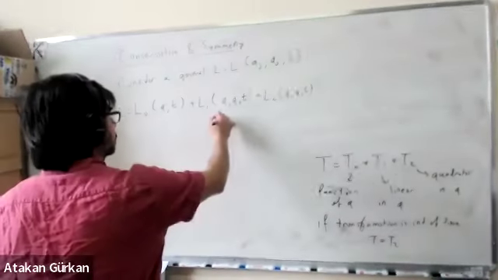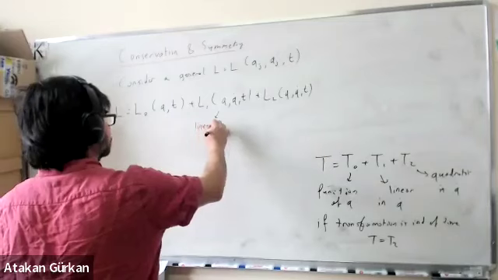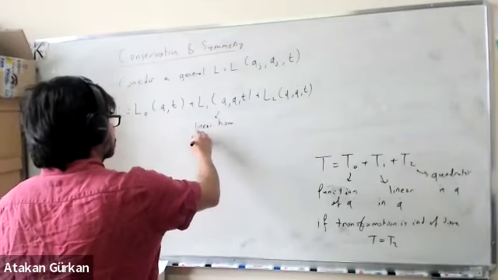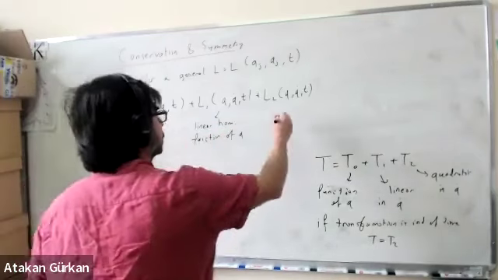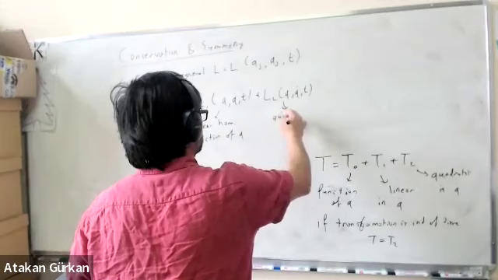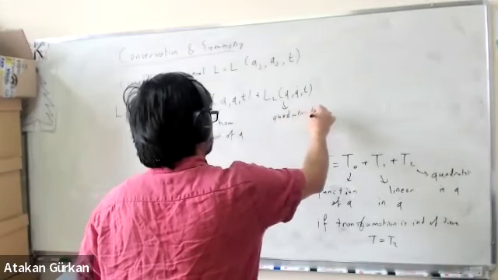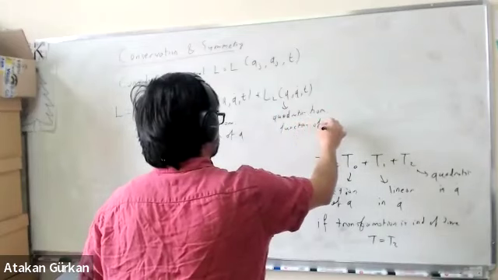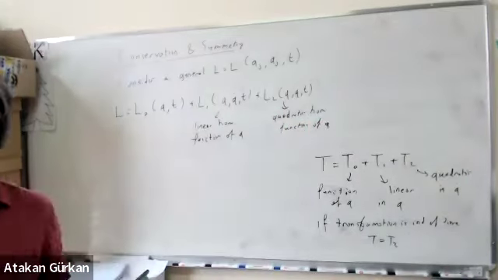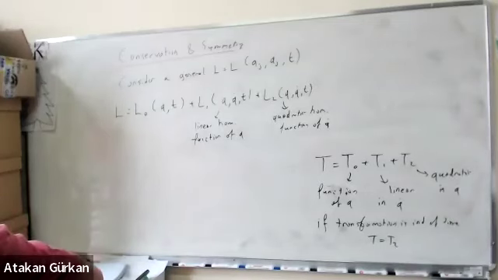L1 is a linear homogeneous function of q dot, and L2 is a quadratic homogeneous function of q dot. Now, what does this mean? What does a homogeneous function that's linear in something or quadratic in something mean? This is the only point I want to make. The rest is just algebraic manipulation.